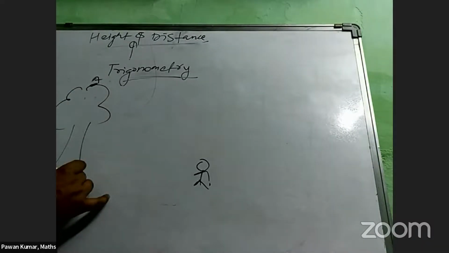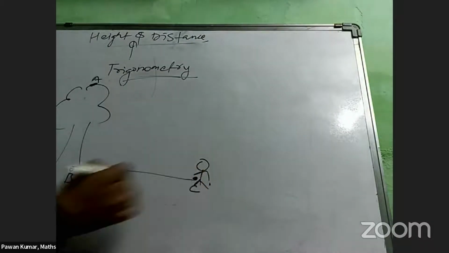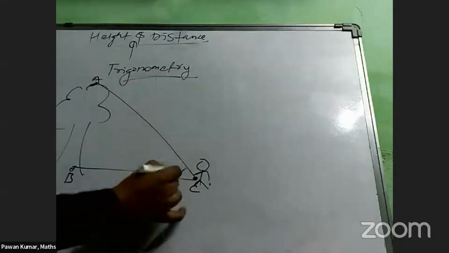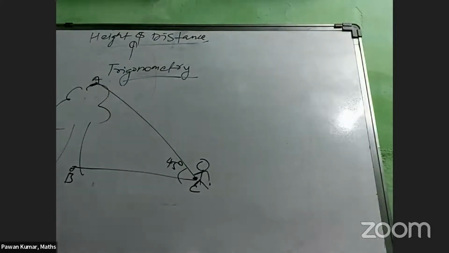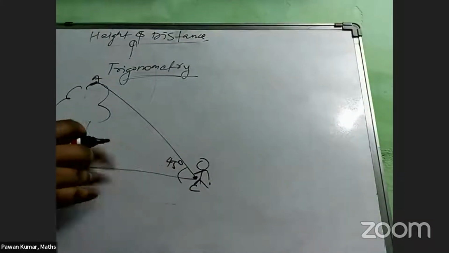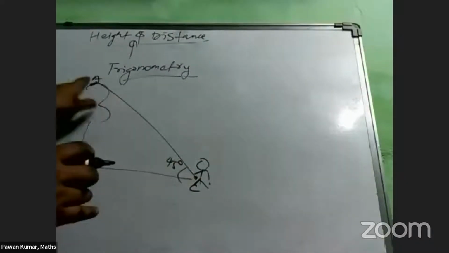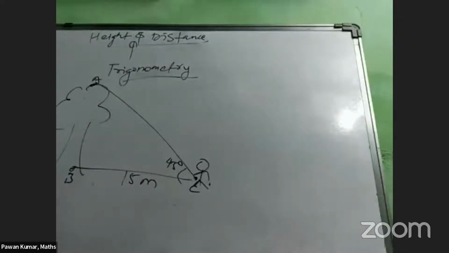Simply, I can easily get the distance between B and C, correct? And I know the angle between the base BC and AC, suppose 45 degrees, and that the distance is 15 meters.